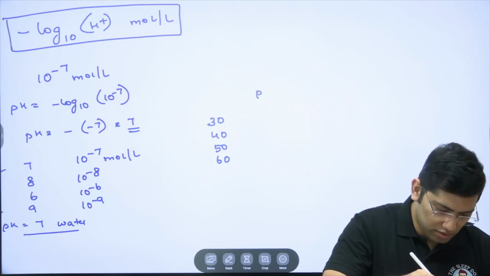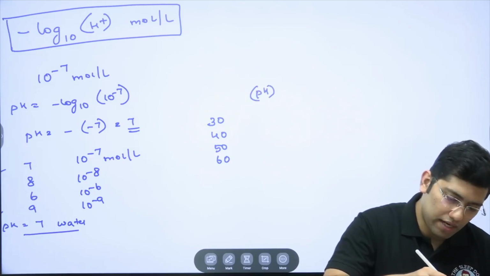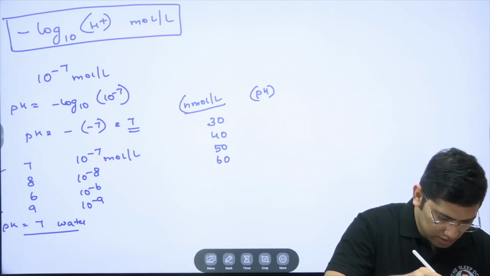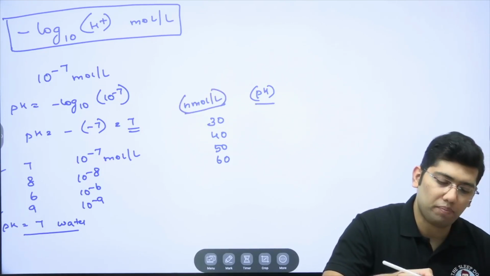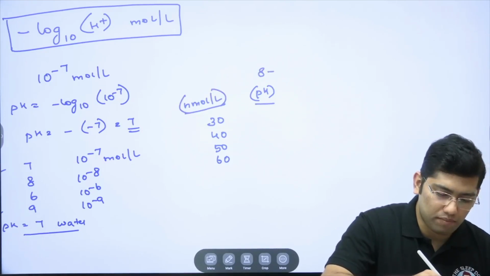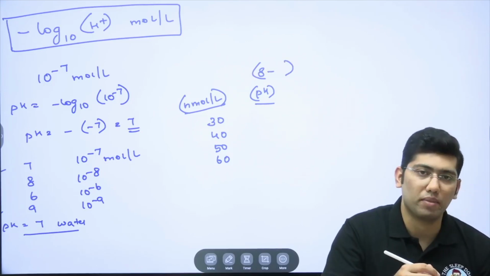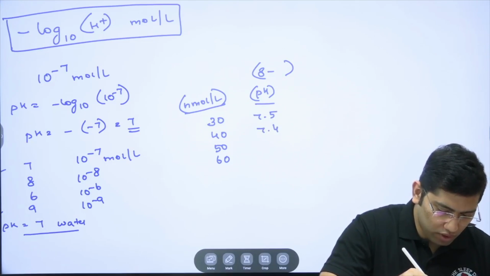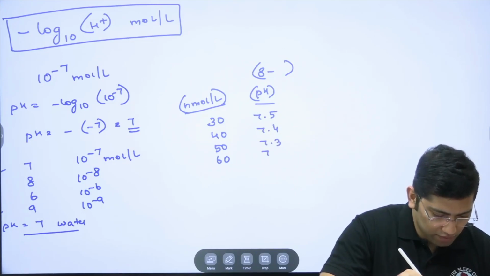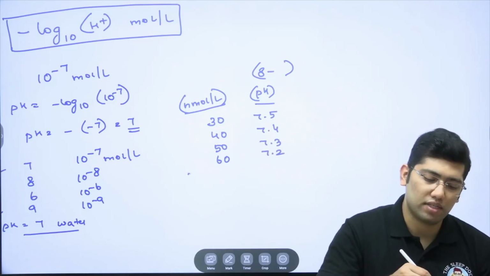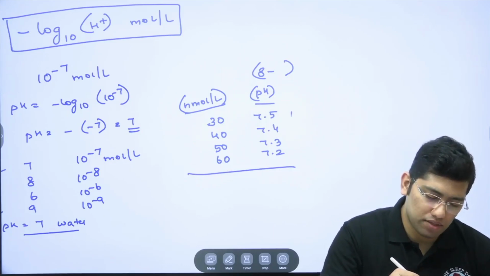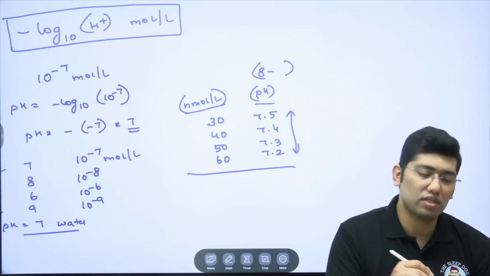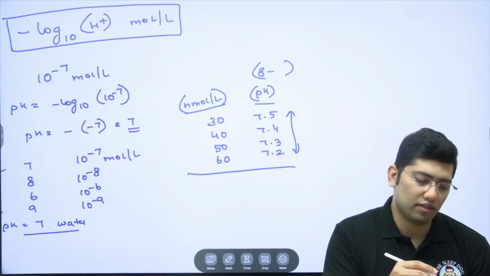Here we are writing it in terms of nanomoles per liter, and to find the pH, just subtract this number from 8. So the pH would be 7.5, 7.4, 7.3, 7.2. This is just a small hack, and this pH range is the one we usually use in all formulas and calculations. So this would be helpful for further assessments.